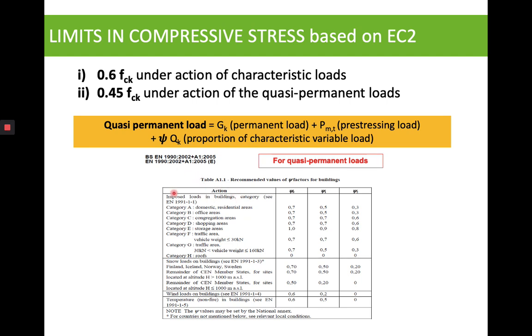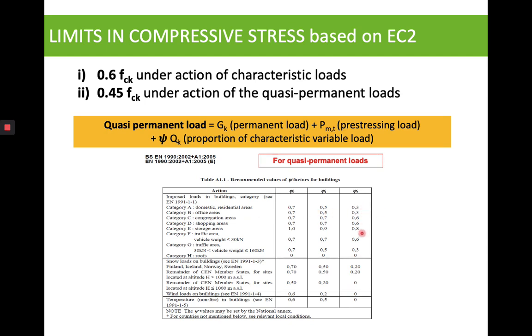The value of this psi factor for buildings is based on the categories of our structure, from category A for domestic and residential areas up to category H, which is for roofs. We are going to refer to psi 2, and you can see that for category A the value is 0.3.